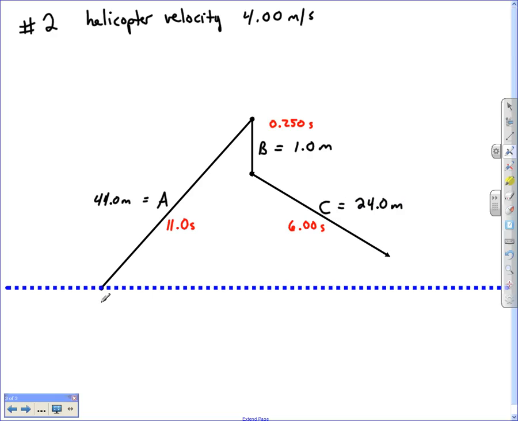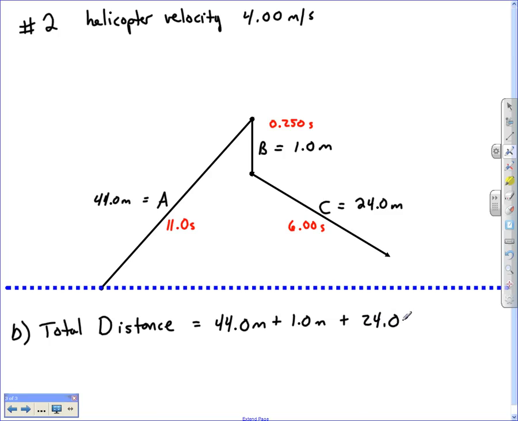So for part B, when it asks for total distance, you just add up the distance traveled over each component, or each distance A, B, C. So it's going to be a total of 44.0 meters plus 1.0 meters plus 24.0 meters, which is a grand total of 69.0 meters.